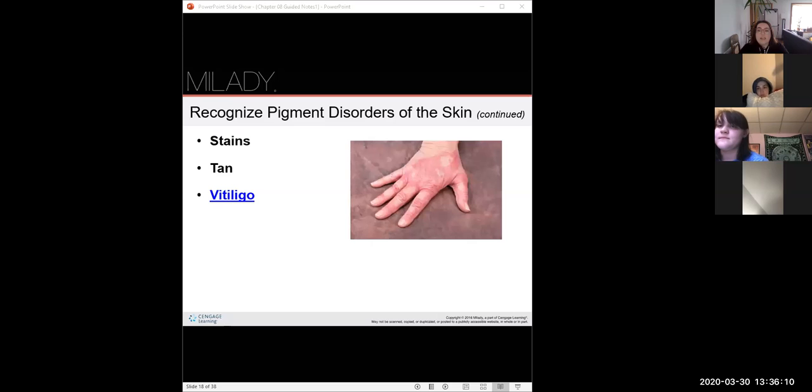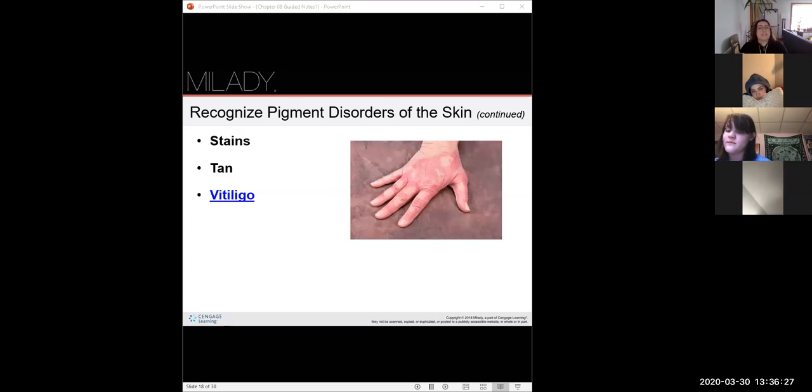So then we have stains, which is just abnormal brown or red patches on the skin that don't go away, typically in a regular shape. You're seeing a picture of a stain right now, and it comes with aging.